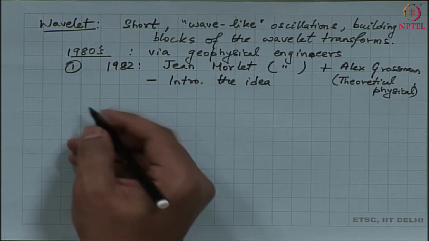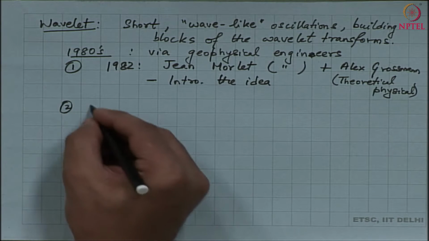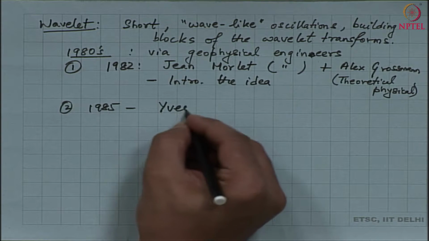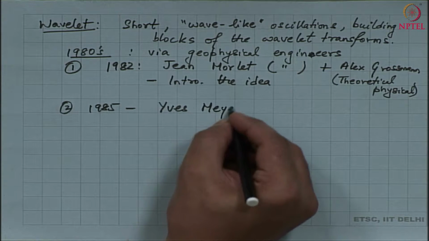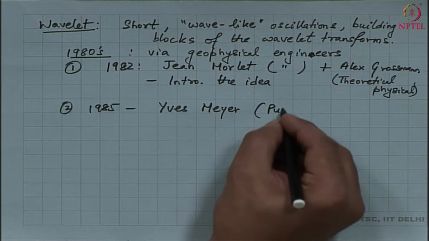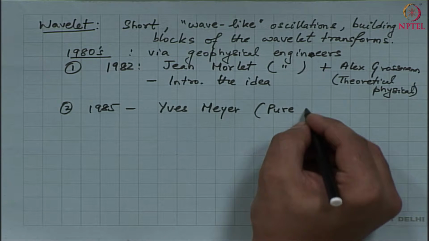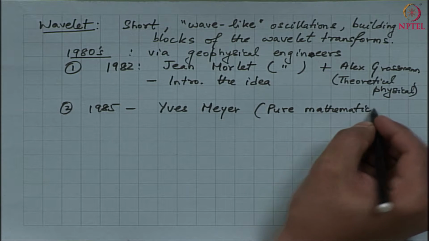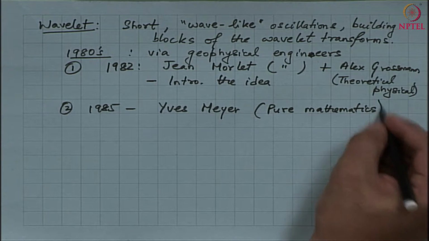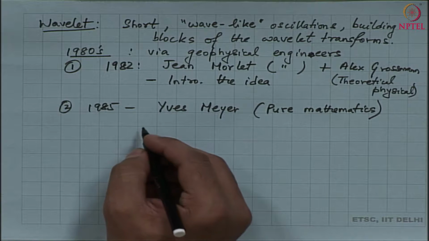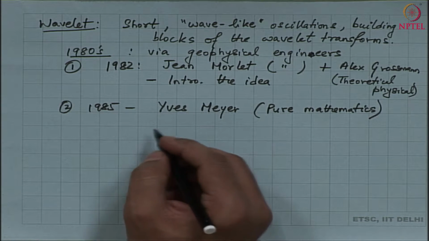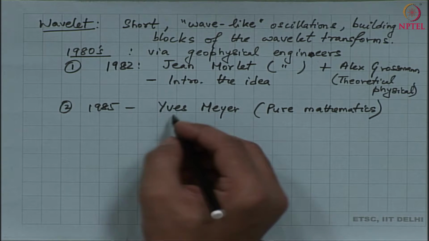The next major development was in 85, by a pure mathematician by the name of Yves Meyer. Yves Meyer saw the relation between wavelets and harmonic analysis. This scientist was able to identify how wavelets influence certain areas of harmonic analysis.